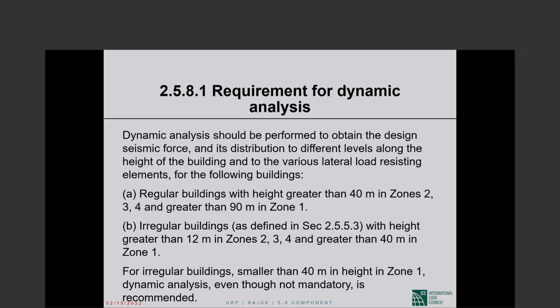Equivalent lateral force procedure has been found to be as good, if not superior, to dynamic analysis procedures, basically for all buildings. So this is something for you to know. This is something for your future, but for now, obviously, you have to go with BNBC 2020, and you have to pretend that dynamic analysis gives you better results than equivalent lateral force procedure.